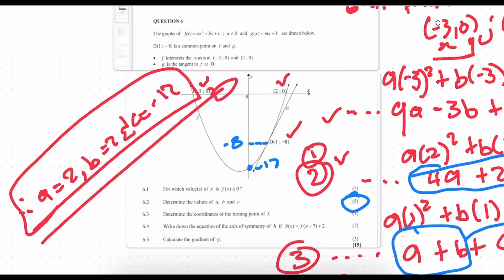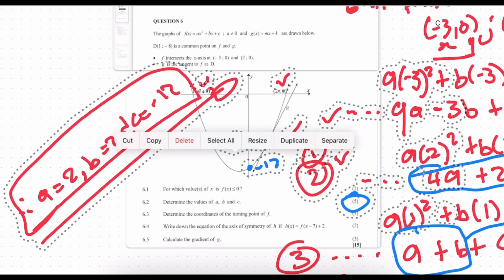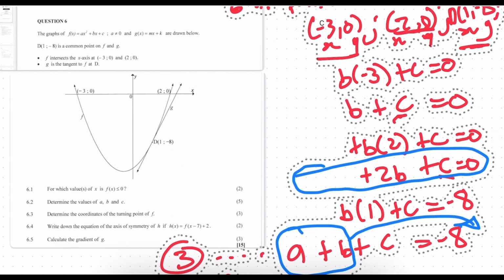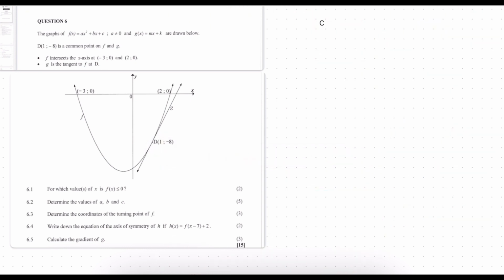I'm just writing anywhere because I have the privilege of erasing, but in an exam situation, you want to write your things in an orderly manner. Okay, let's select all and delete. Yes, power of technology.